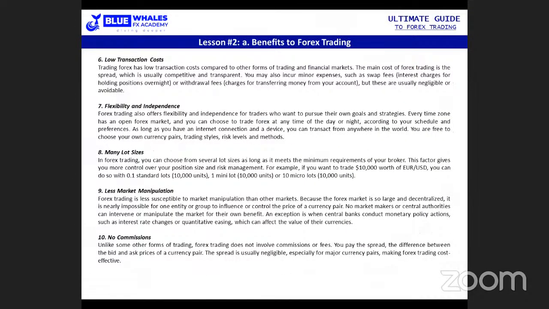We continue with the benefits: low transaction costs, unlike stocks and other instruments where you have to have a huge sum of money before you can even enter.